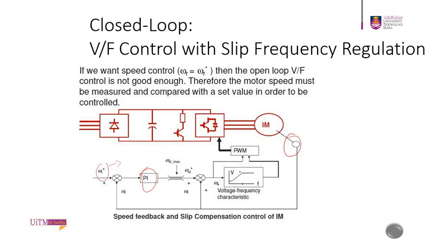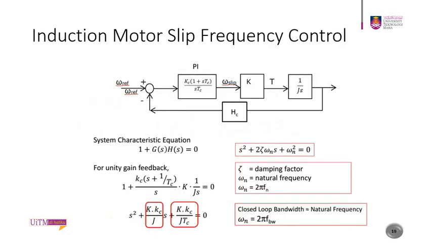Then this will be fed to the PWM controller that generates the switching signal for your inverter. And this is the frequency. This is a step function for the slip frequency control.